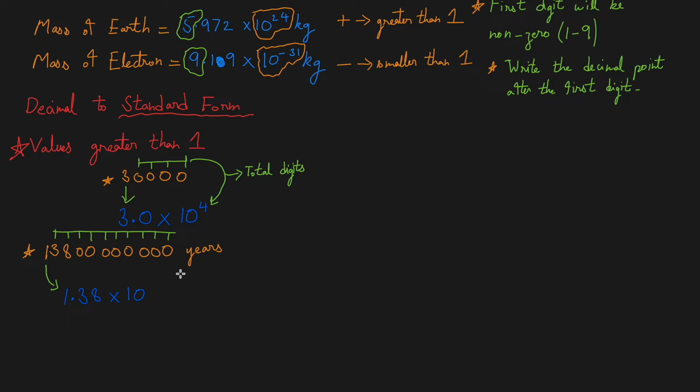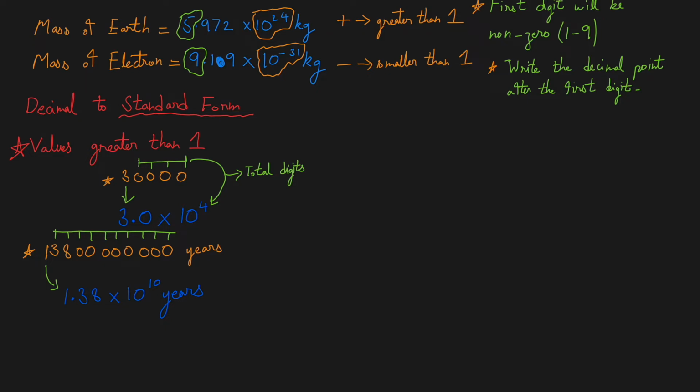So there are a total of 10 digits aside from the very first digit here. So 10 digits, and that will be the power of 10. So 10 to the power 10. Yes. So this is its standard form, the scientific notation: 1.38 multiplied by 10 to the power 10.